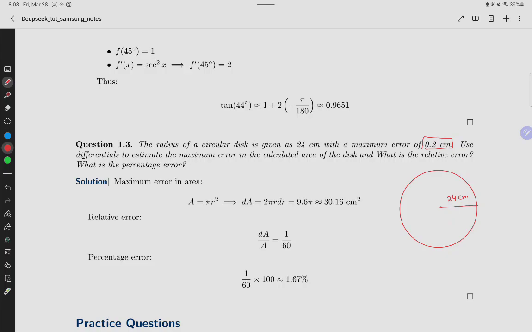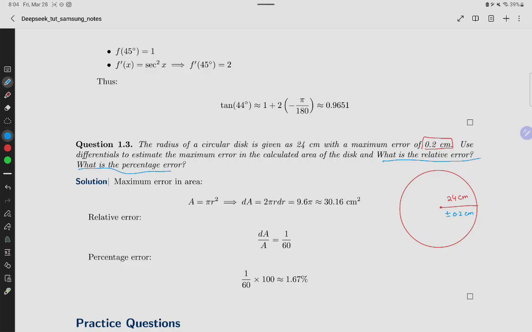So the error can be plus or minus. Now we need to use the differentials to estimate the maximum error in the calculated area of the disk. And what is the relative error? So these are the next part.